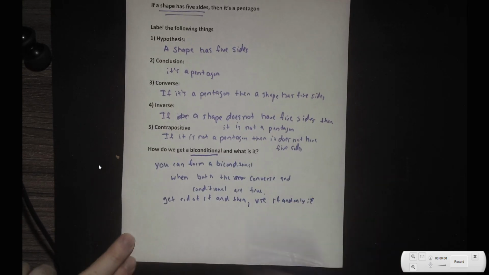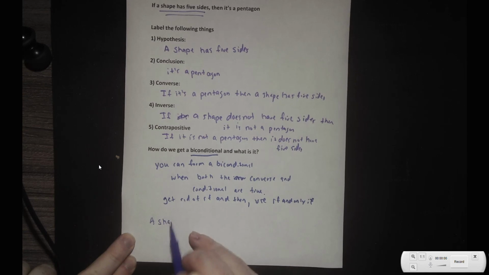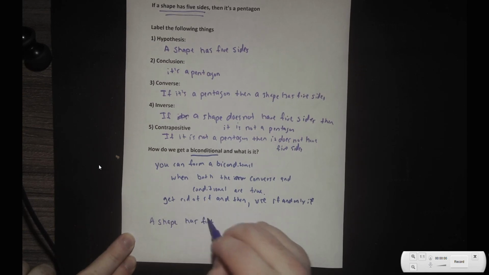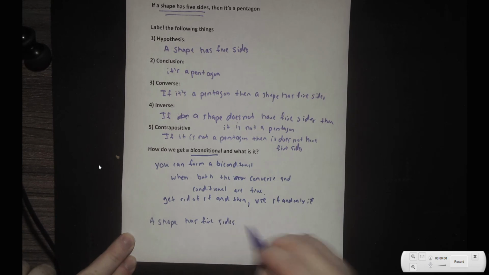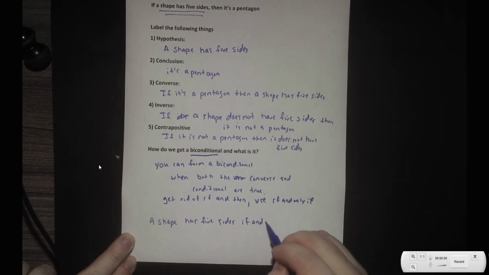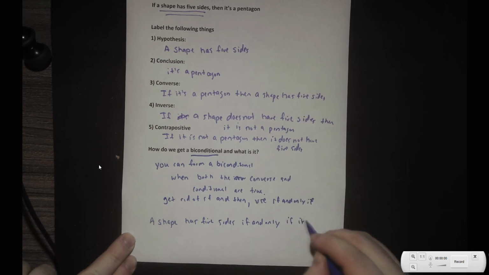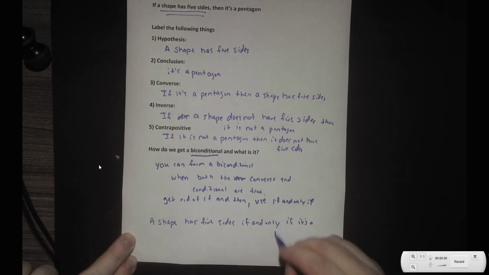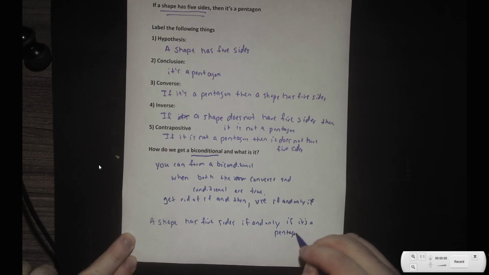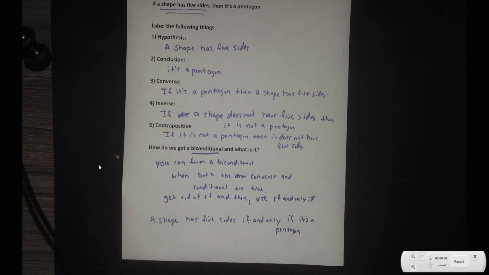So a shape has 5 sides if and only if it's a pentagon. And that's it.